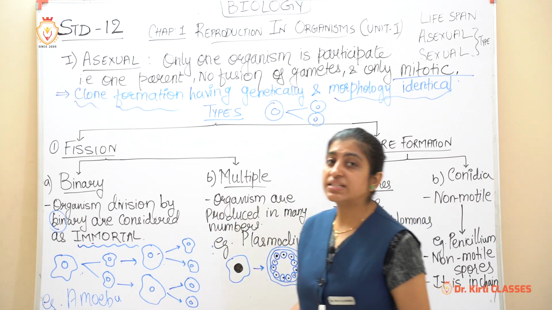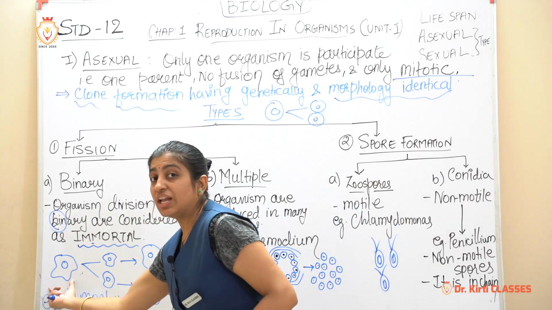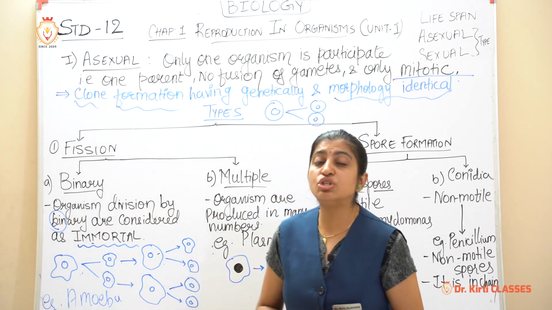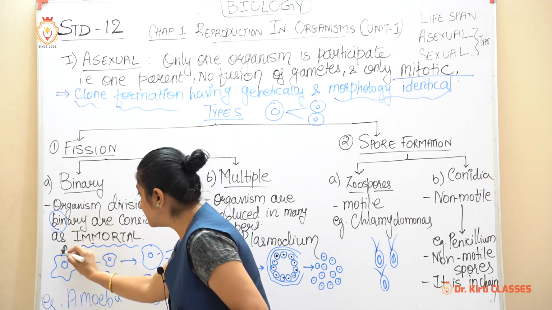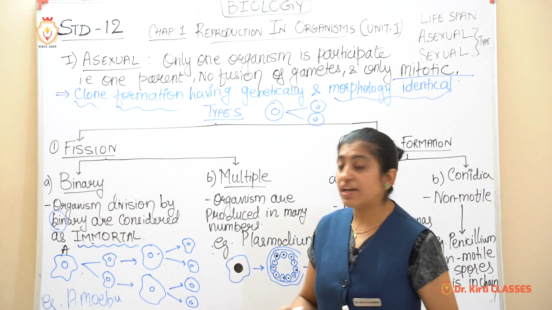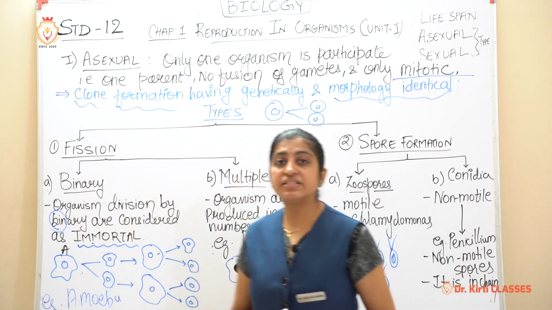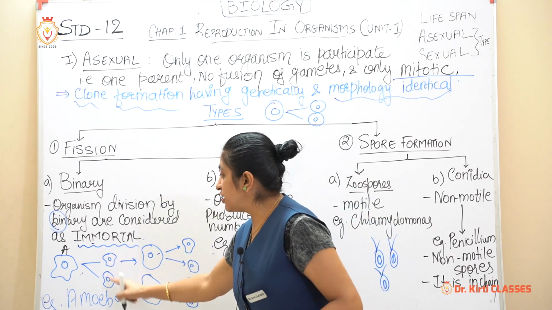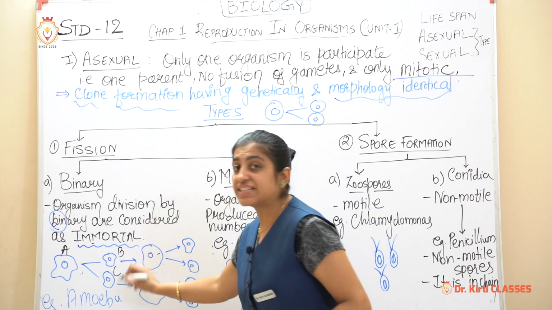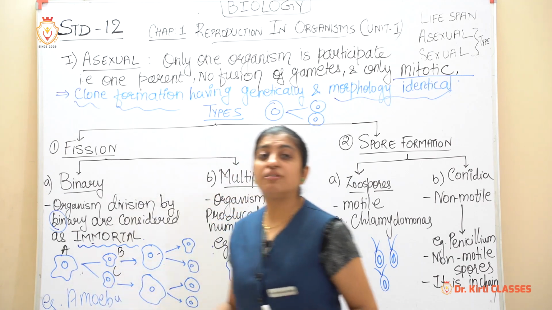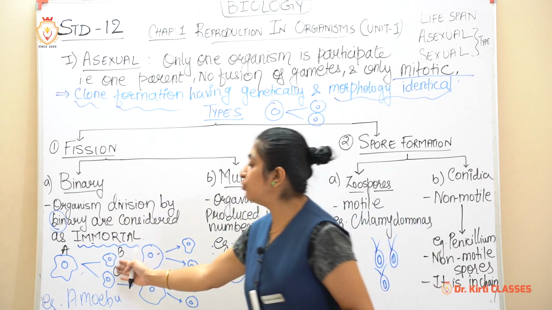So here you can see the identity of an individual amoeba is lost. For example, a mother cell A is there. After A, there is production of B and C. So this A is converted into the new offspring.